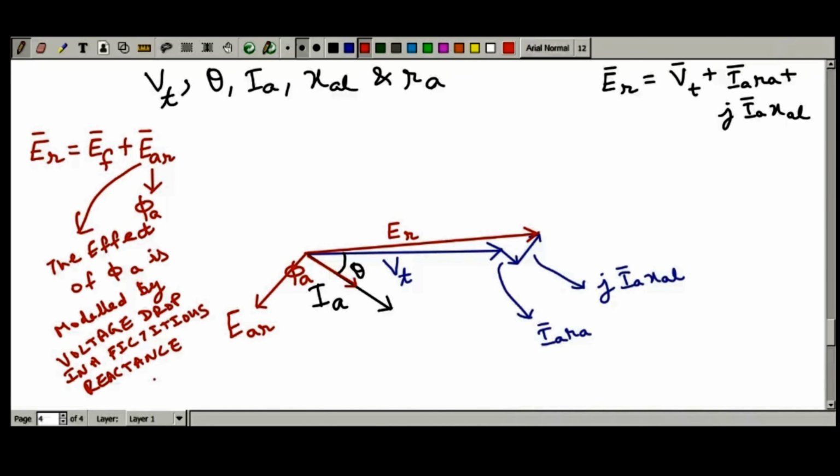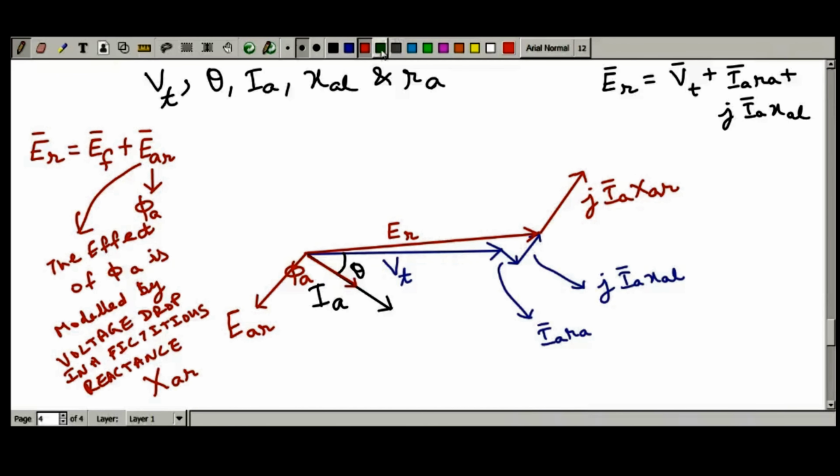What is that fictitious reactance? Named as Xar, which is known as armature reaction reactance. So we are actually indicating this thing by this one. So this thing is your Ia into Xar, this voltage drop.